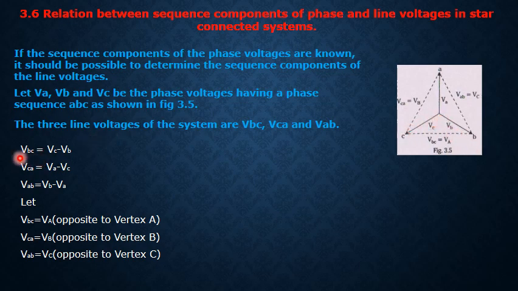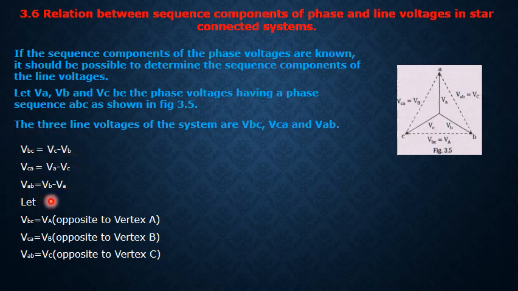Similarly, VCA will be equal to Va minus Vc, and similarly VAB will be equal to Vb minus Va. So these are the line voltages in terms of phase voltages.